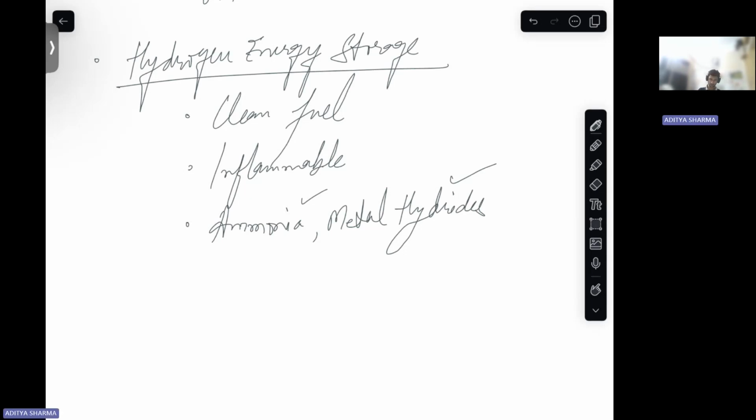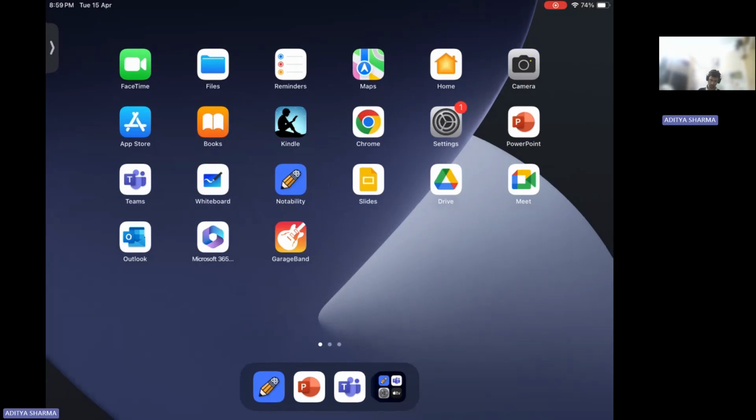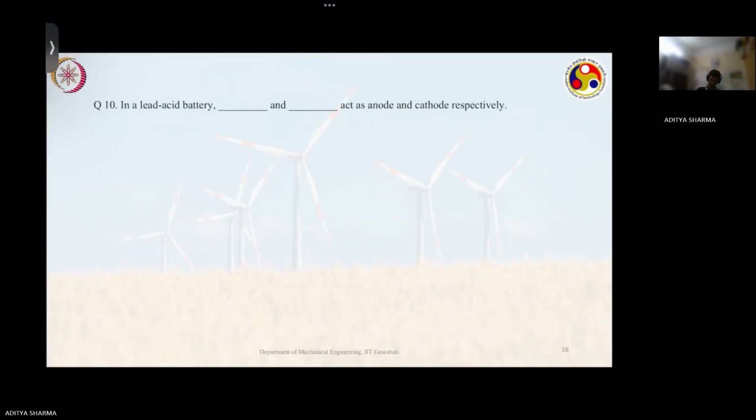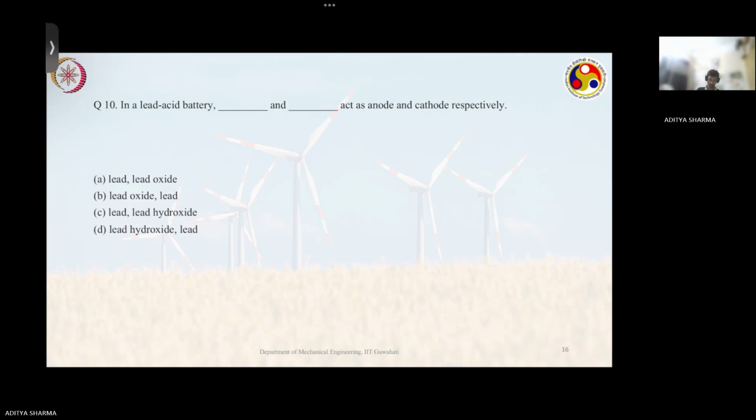Then moving on to questions. Question number 10, in a lead acid battery, dash and dash act as anode and cathode respectively.